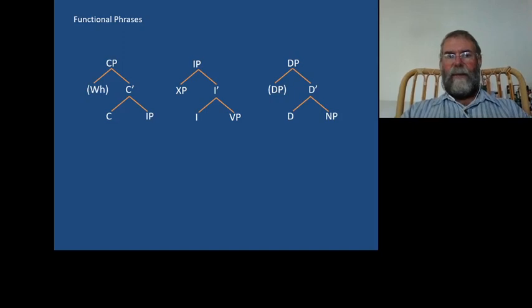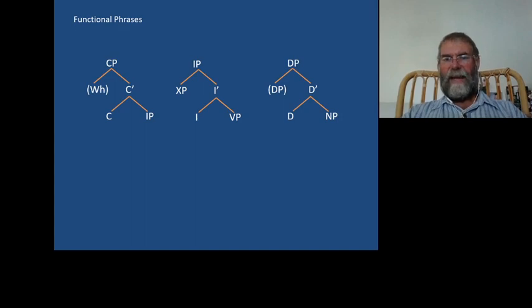With that, let's compare what we've said about the phrases that form clauses and DP. As we've predicted, they all have exactly the same structures. They all have the same structural possibilities. They're all headed by words. They all have phrases in their complement positions and phrases in their specifier positions.